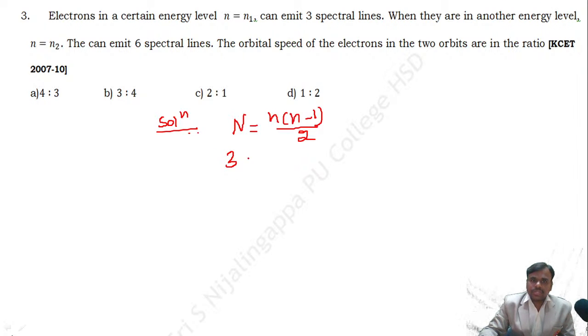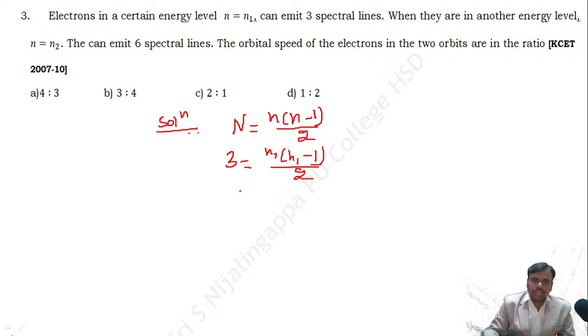For the first case, the number of spectral lines emitted is 3. Here n is nothing but n1 and the number of spectral lines are 3. Therefore, instead of n, we write n1, and also n minus 1 is interchanged by n1 minus 1, whole divided by 2.